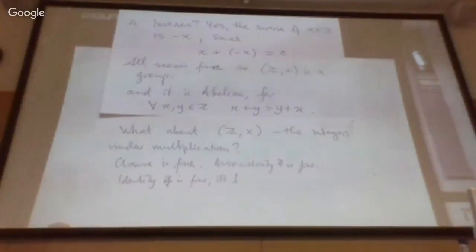Hardly anything has an inverse. 3 does not have an inverse. Okay, well you say, it does have an inverse, a third, but the point is a third is not present in the set we're talking about.